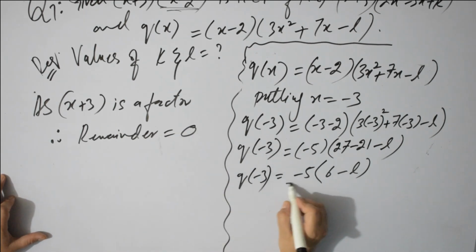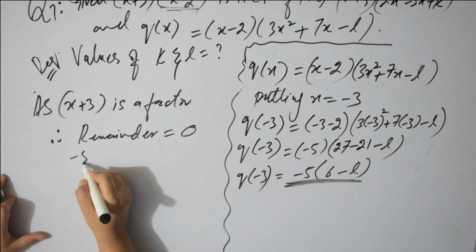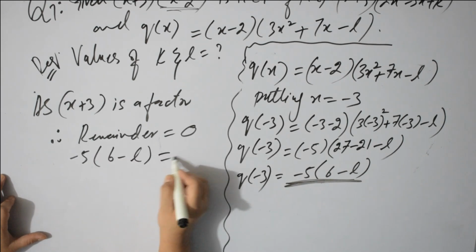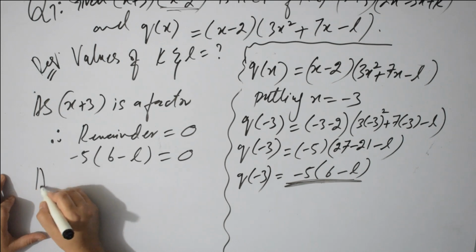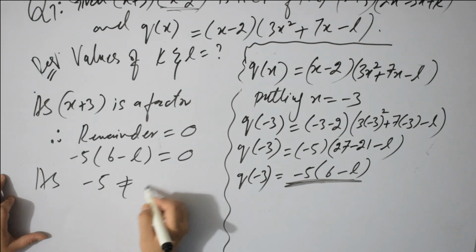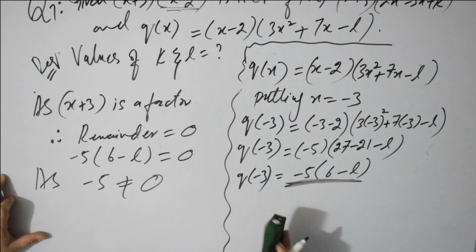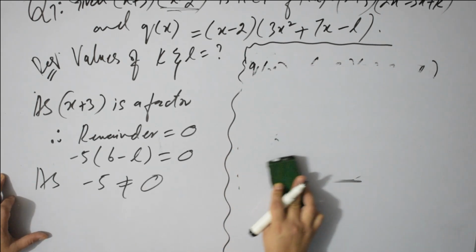My remainder is minus 5 into 6 minus L is equal to 0. Same thing, as minus 5 is not equal to 0, then what will we get as 0?